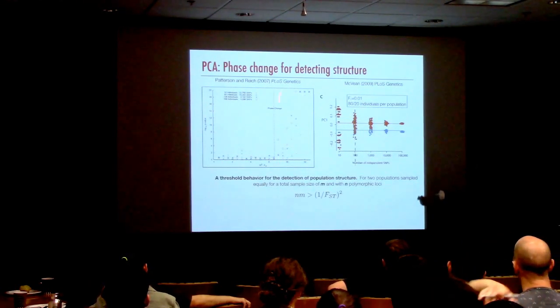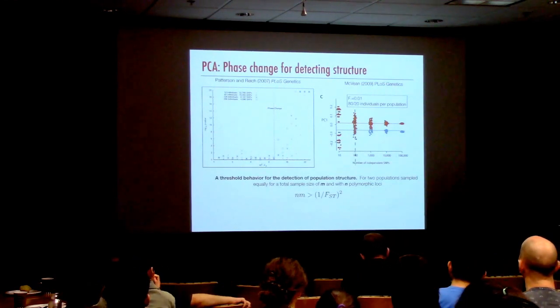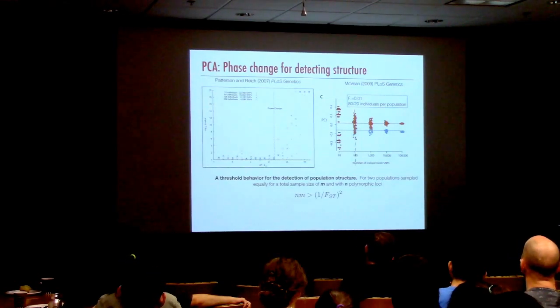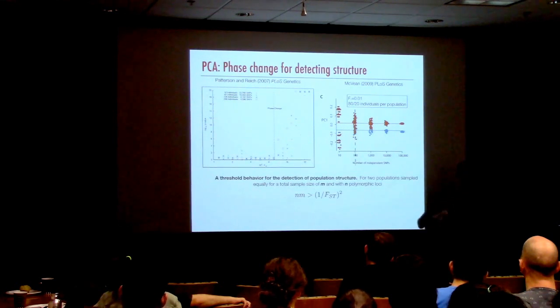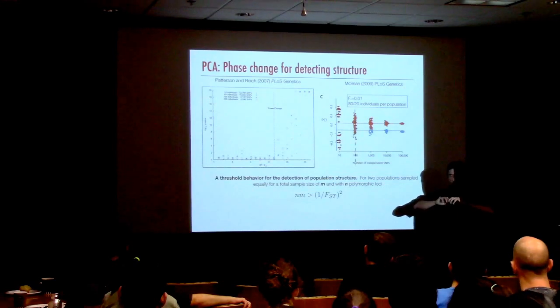These are p-values for tests of whether you see structure, and then it becomes apparent. And this threshold is determined by the product of the number of markers and the sample size. So in their notation, sample size is m, n is the polymorphic loci. As they wrote it, it's nm is greater than 1 over FST squared. So this is interesting. It means that you might not see structure because you just have a small sample size, and then once you cross it, it becomes more clear.